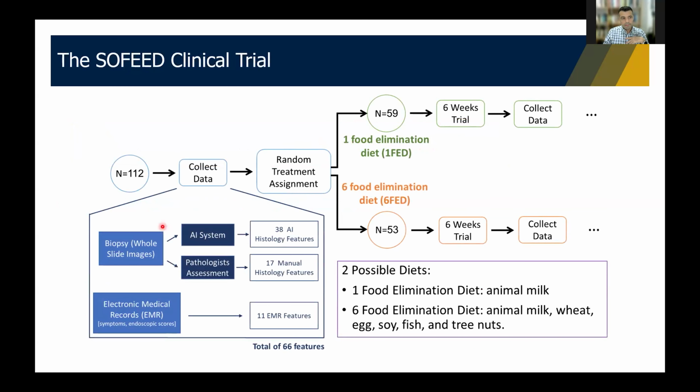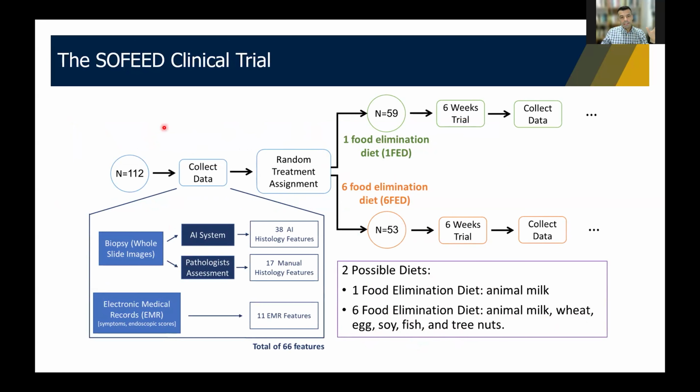So what we did, we took data from a clinical trial that actually asked the following question. What is better? To take a person and to eliminate 6 foods from her or his diet, which is milk, wheat, eggs, soy, fish, and tree nuts, or maybe we should just start with a one food elimination diet, which is just milk.